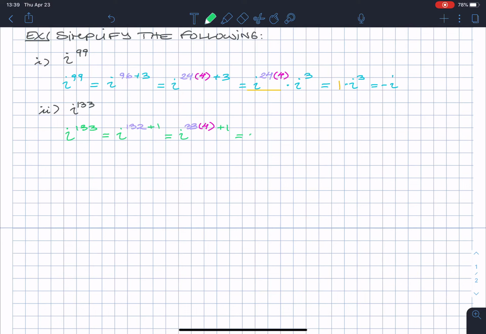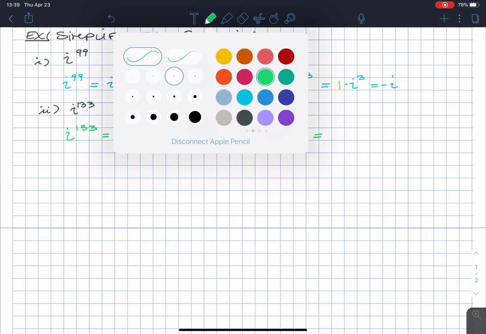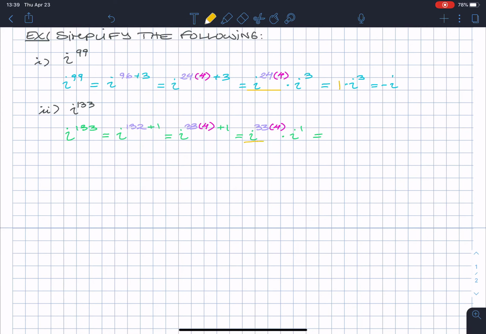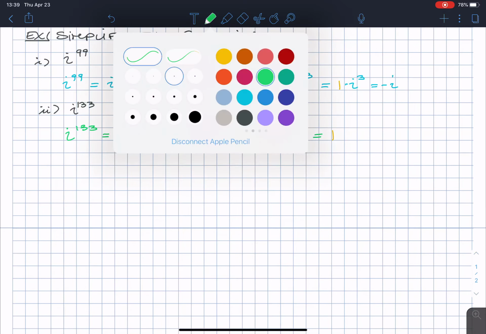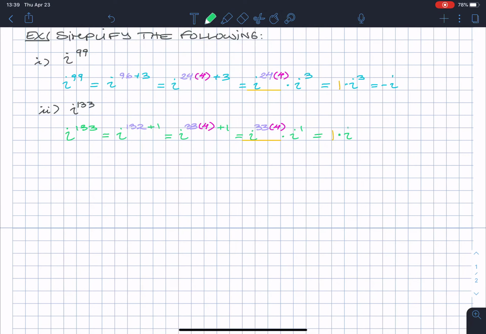So I'm now going to write this as i to the 33 times 4 times just i to the first power. So I know that any multiple of 4 in the exponent makes that value of i just 1. So this is 1 times i to the first, otherwise known as i.